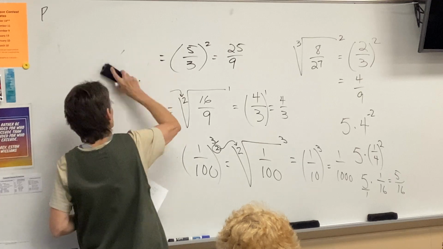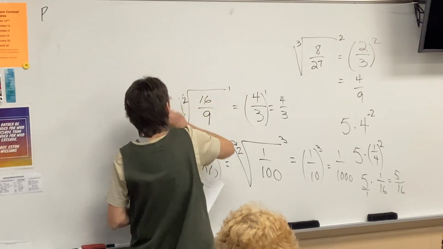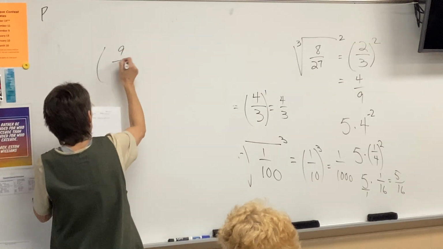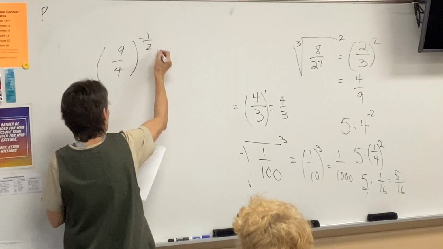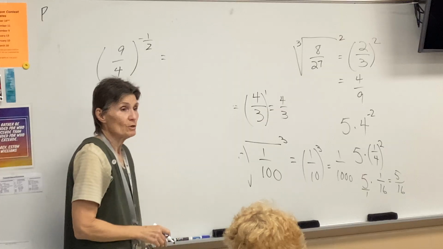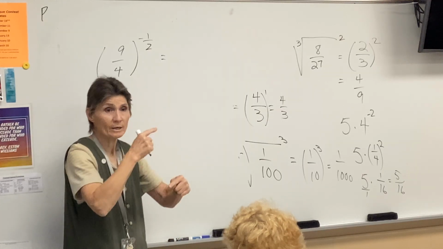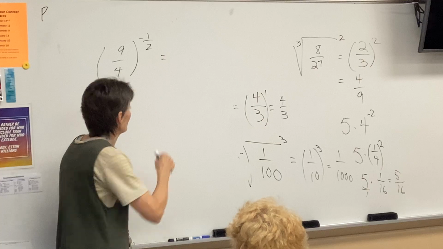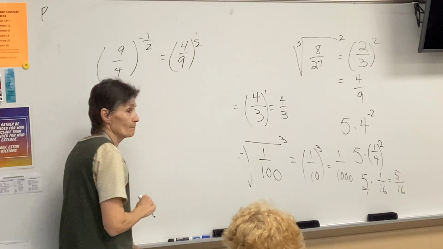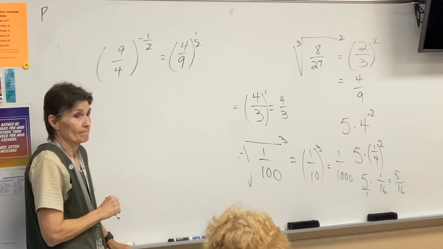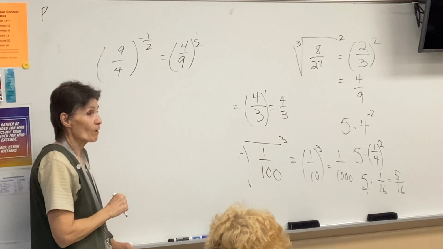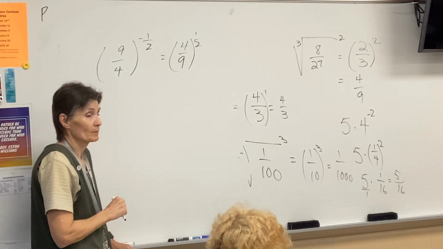7 is a little bit more involved. I promise if you take it one step at a time, you can do it. So we have 9/4 to the -1/2. Step 1. If you have a negative exponent, you are going to flip. So we're going to make that 4/9 to the 1/2. Then we have a fractional exponent, right?